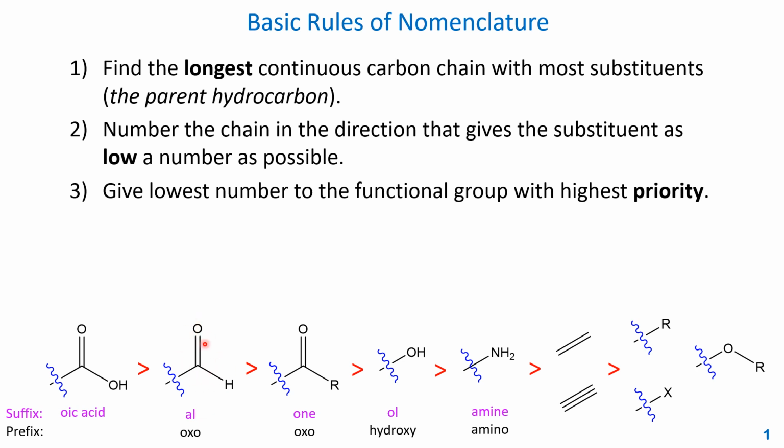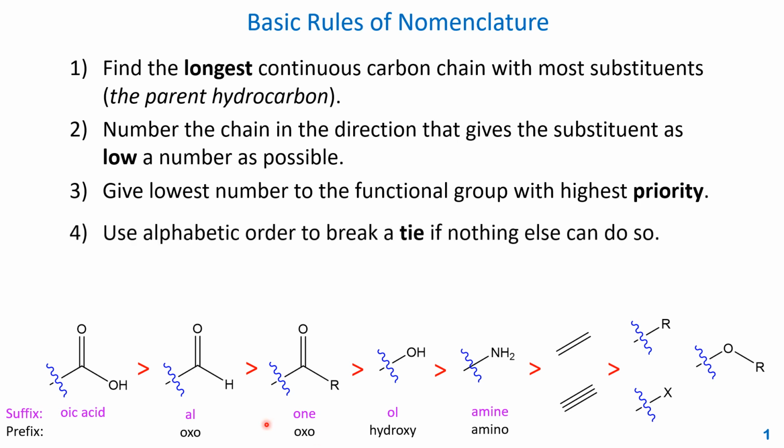If the aldehyde is not the highest priority functional group, then you will give the prefix oxo. You treat this as a substituent. So those are the two different names, depending on the situation. I will give you more examples later.